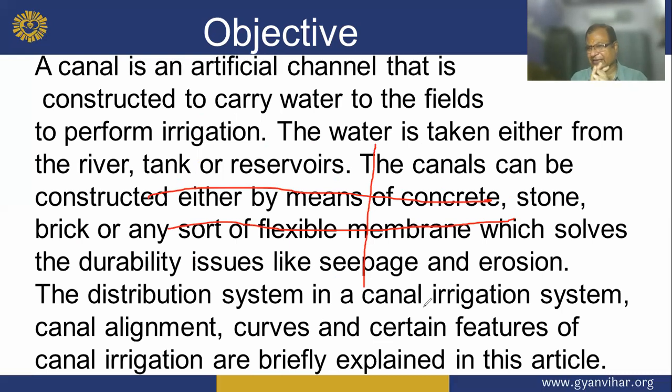If you have made a dam, it is used for storage. If you made a barrage, your purpose is diversion. In a barrage you cannot store, because a barrage works at the run of the river. And a weir is also for diversion, in a little amount.